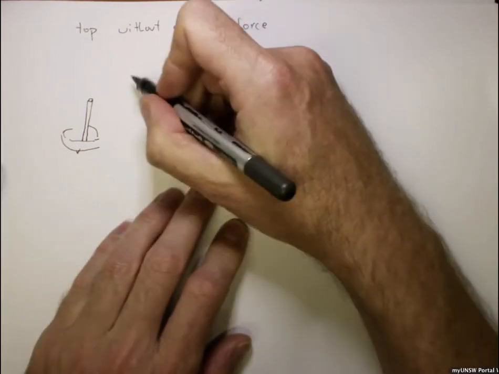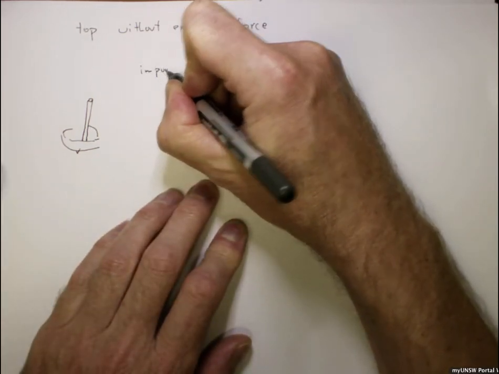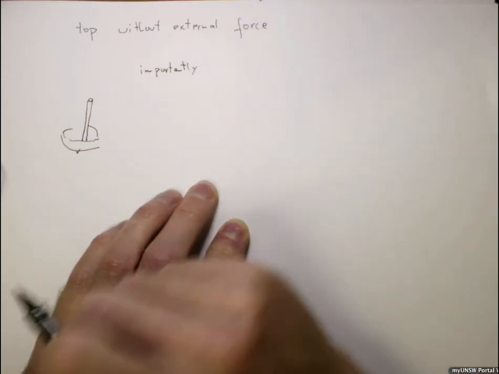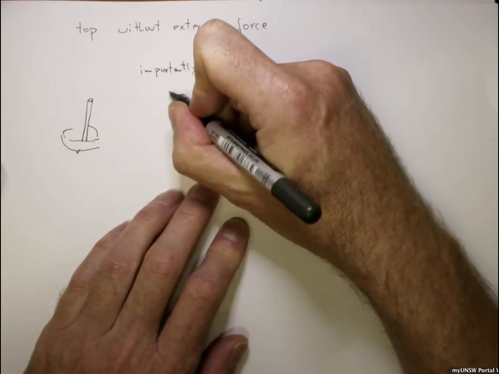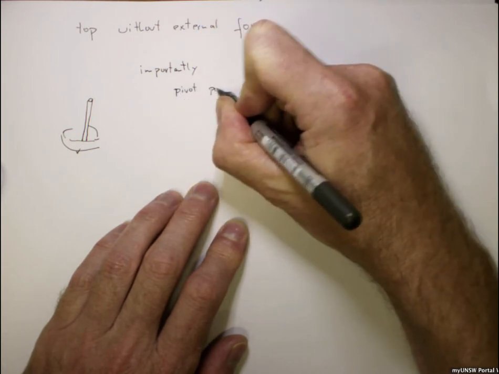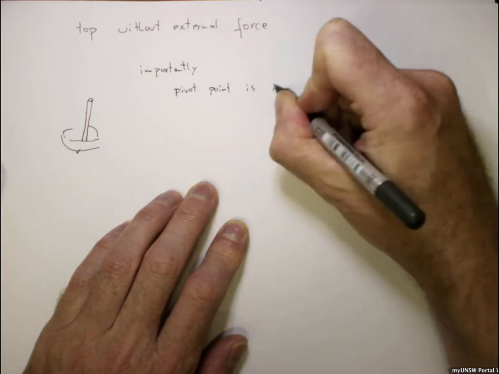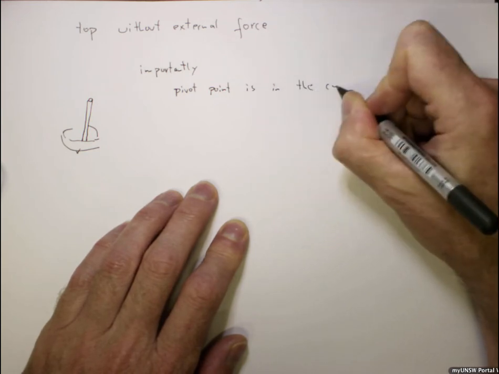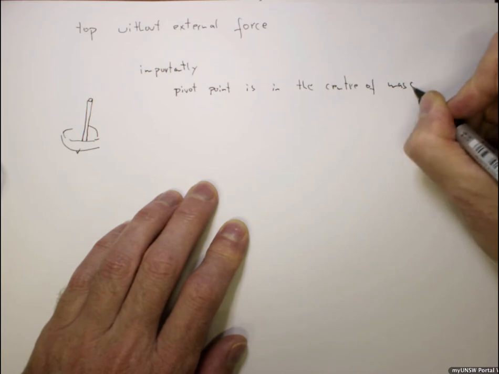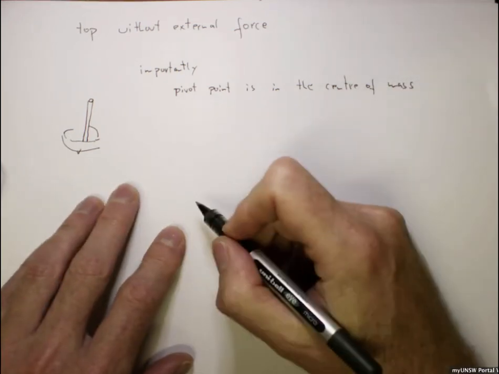And importantly, in contrast to most other spinning tops, in this case the pivot point is in the center of mass, or in the center of gravity, more correctly speaking.